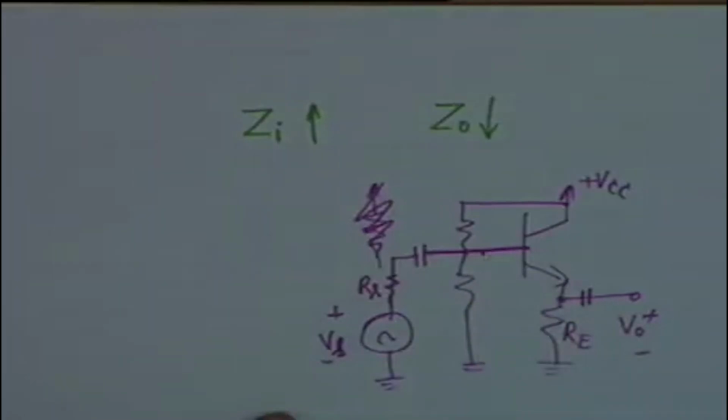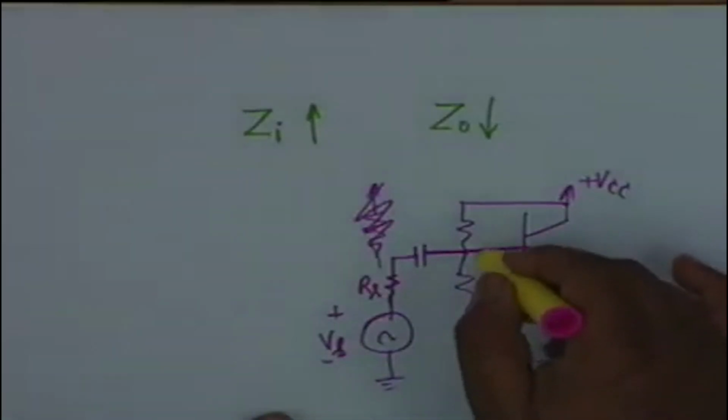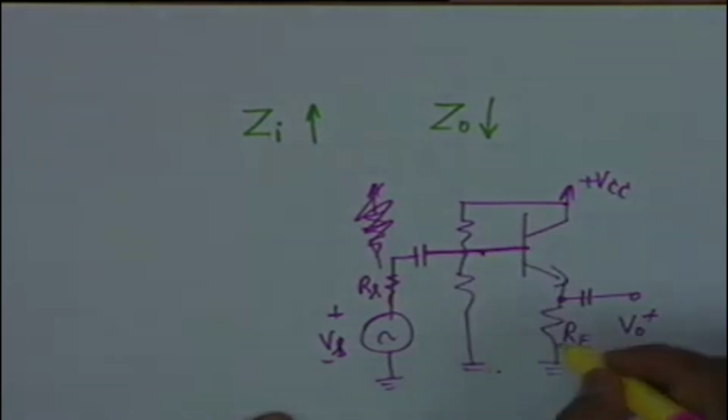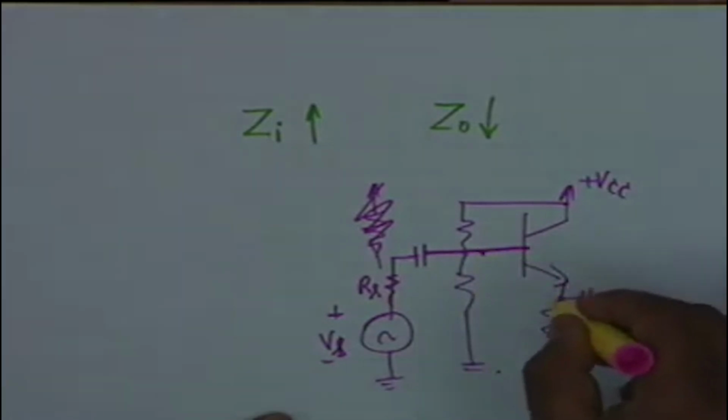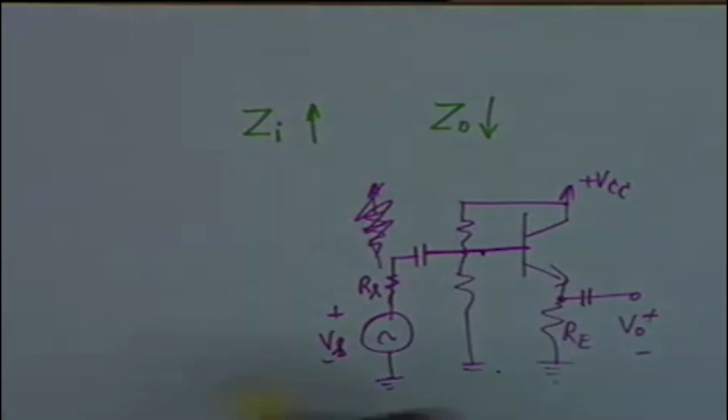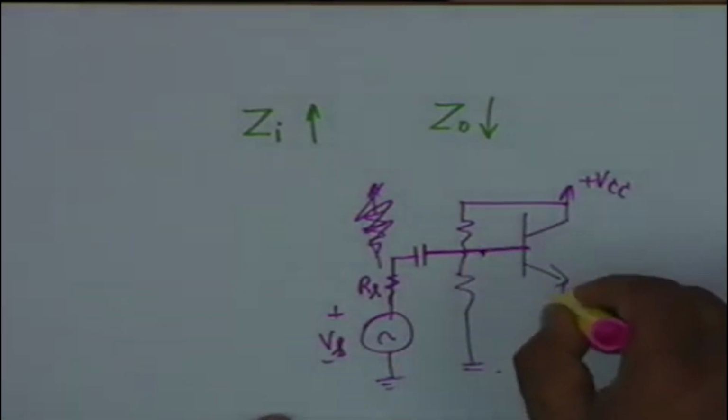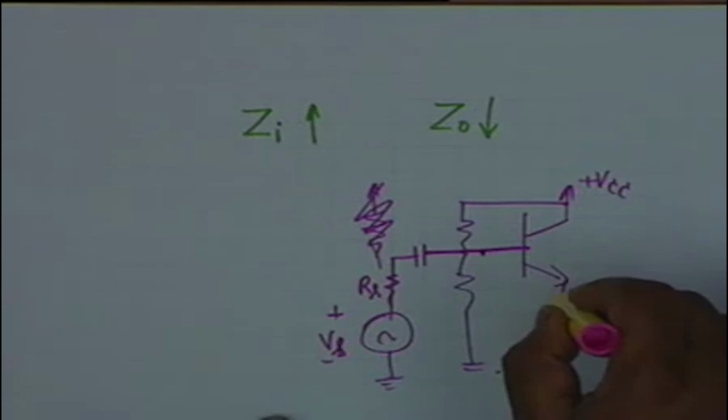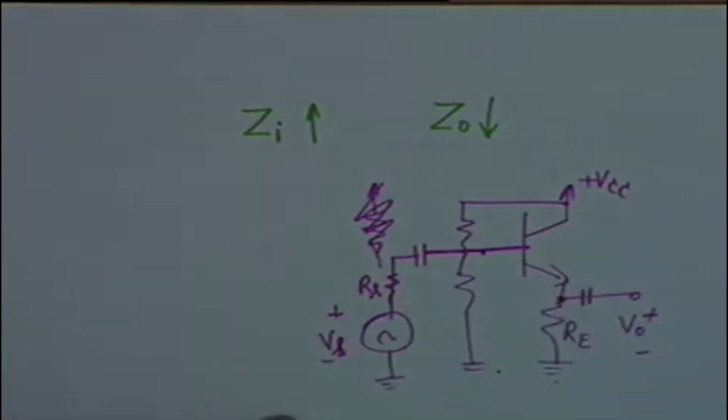This is an example of negative feedback, as I have already explained. The actual input between the base and the emitter is equal to the applied input minus the voltage developed across RE. And as this voltage and this voltage are in phase, it is a case of negative feedback.